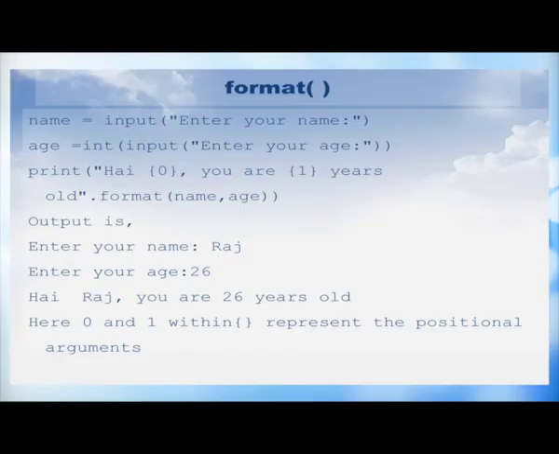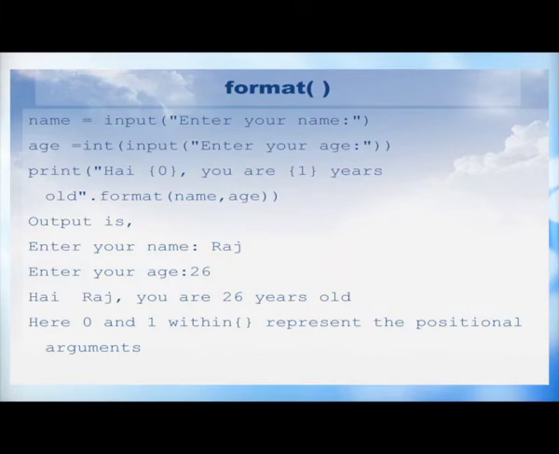Now, shall we see a few examples for format? See here I have 2 input statements. One is getting the name, the other one is getting the age. Note, age is converted to integer. I have used a print statement where I have hi within curly braces 0, you are within curly braces 1 years old.